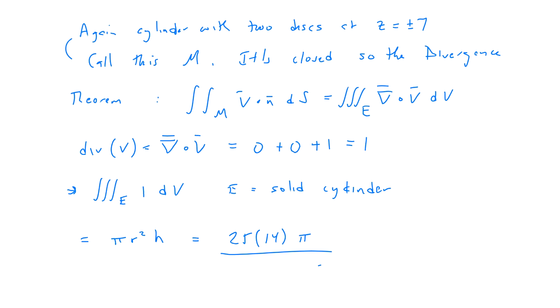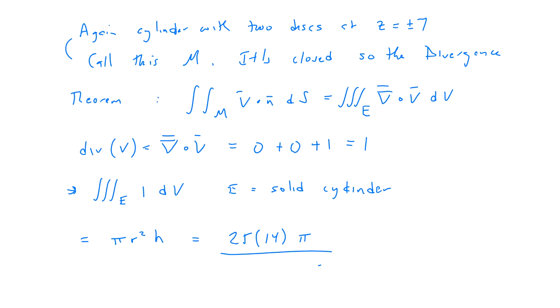So staying with problem 11 for a while here. This is the second way we could have done the original problem, which is we could have closed it with the two disks and then found the flow on the closed cylinder, which is this, and then found the flow on the two disks by themselves, which we did in the last slide.